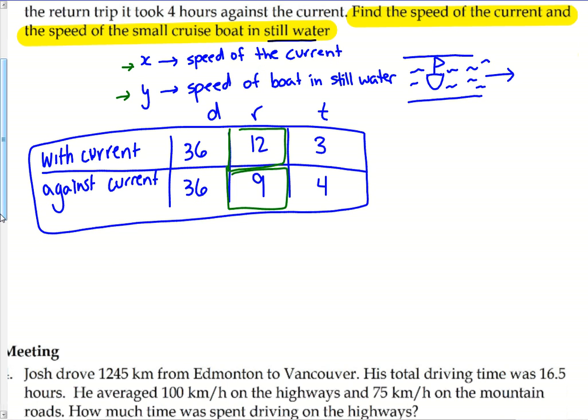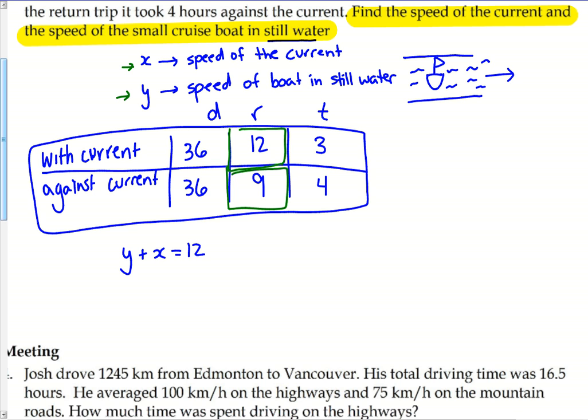Okay. So when you're traveling with the current, that's the same thing as your speed. What's the speed of the boat? What letter is that? Y. And then do you add the current or subtract it if you're going with the current? So y plus x equals 12.